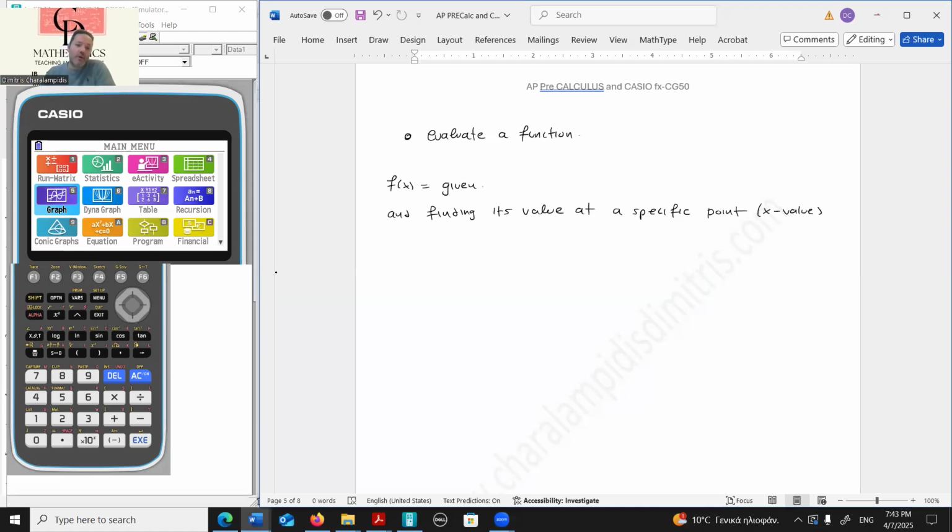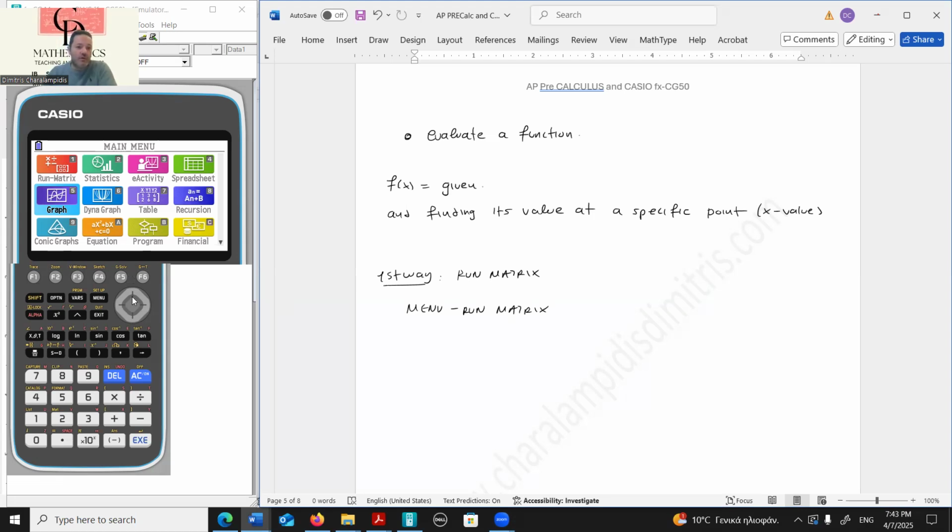There are two ways to do that. The first way is directly through the run matrix: menu, then run matrix.